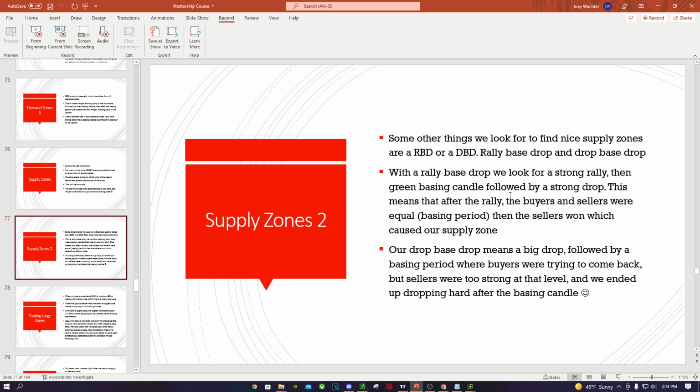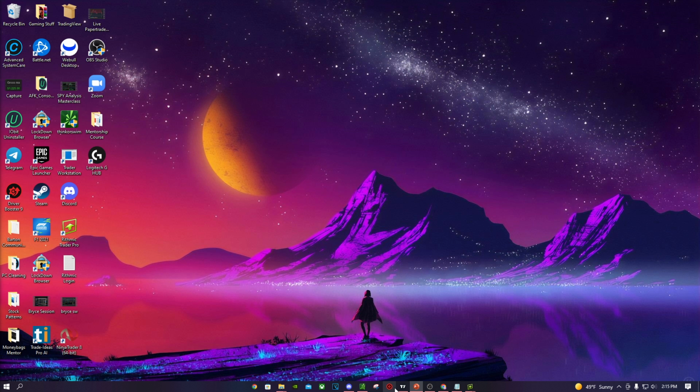And then the sellers won, which caused our supply zone. A drop base drop means a big drop followed by a basing period where the buyers were trying to come back, but the sellers were still too strong at that level, and we ended up dropping hard after that basing candle. So let's take a look at how to draw supply zones.